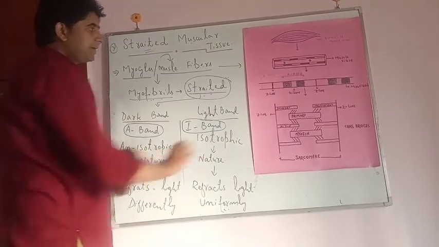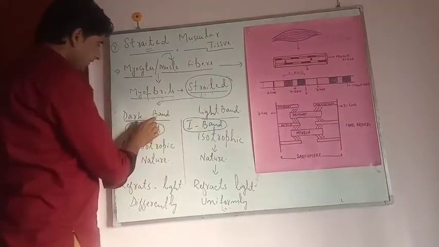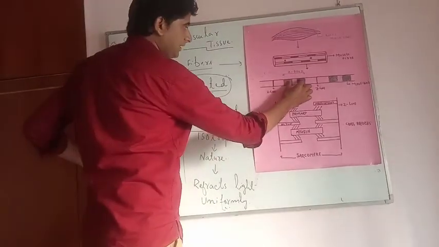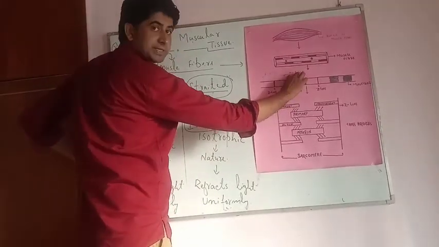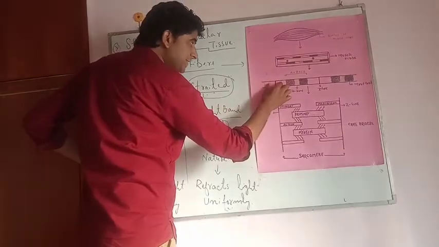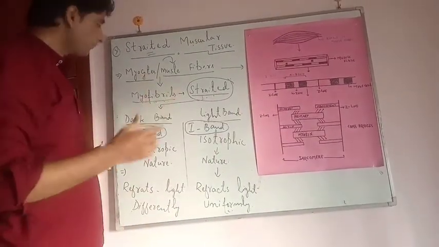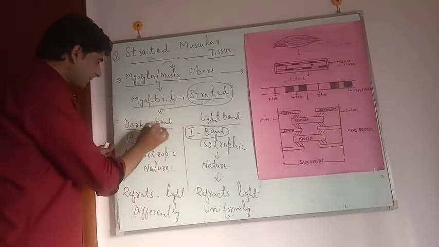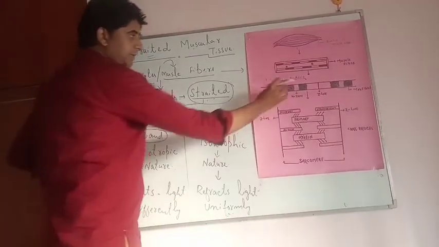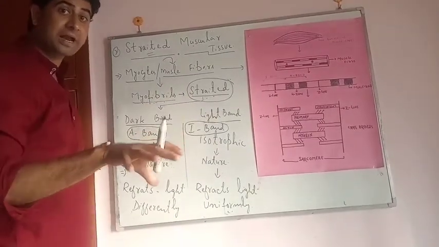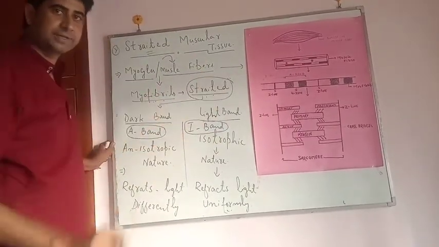Now, each dark band is also called A band. Each dark band is termed as A band, while each light band is also termed as I band. ऐसा क्यों? Because ये जो डार्क बैंड है, it refracts the light, polarizes the light differently in different planes.